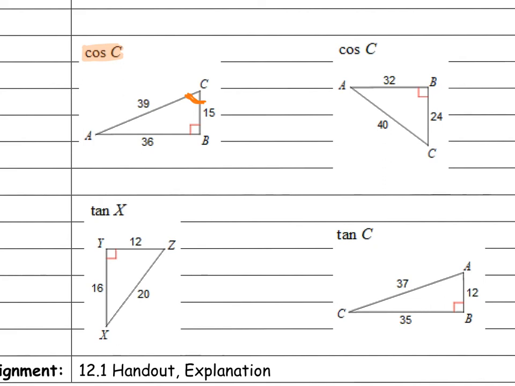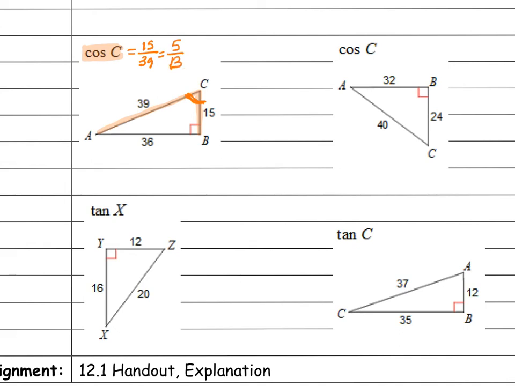So those are the ones that make angle C. So here's my hypotenuse, and here is my side adjacent. So that means I have 15 over 39. And if I'm not mistaken, I think 3 goes into all of those. So that should be 5 over 13.